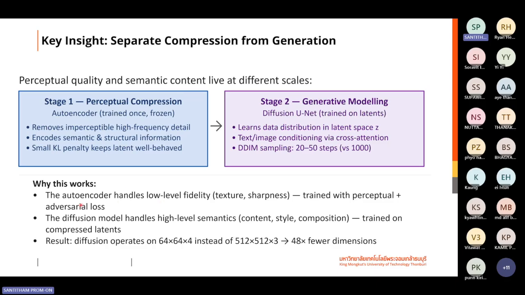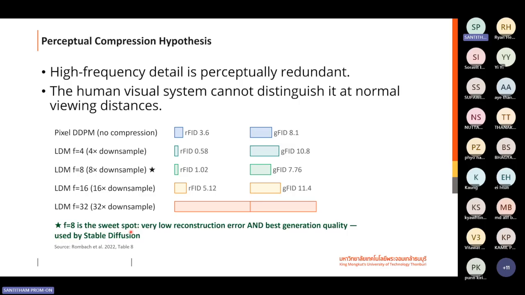So you can think of the autoencoder as the part that takes care of the structure of the image, and the part about the detail is taken care of by diffusion. Okay, let's move on further. You will see the detail later on anyway. So LDM performs better than the DPM for sure.